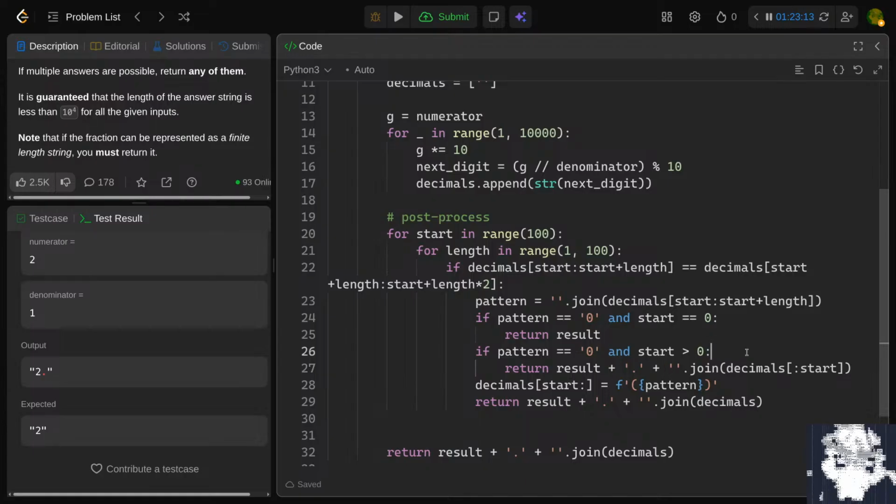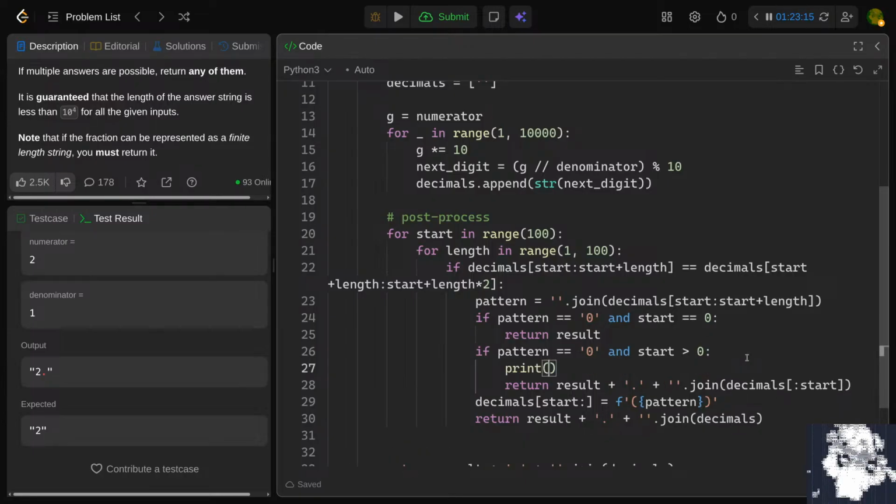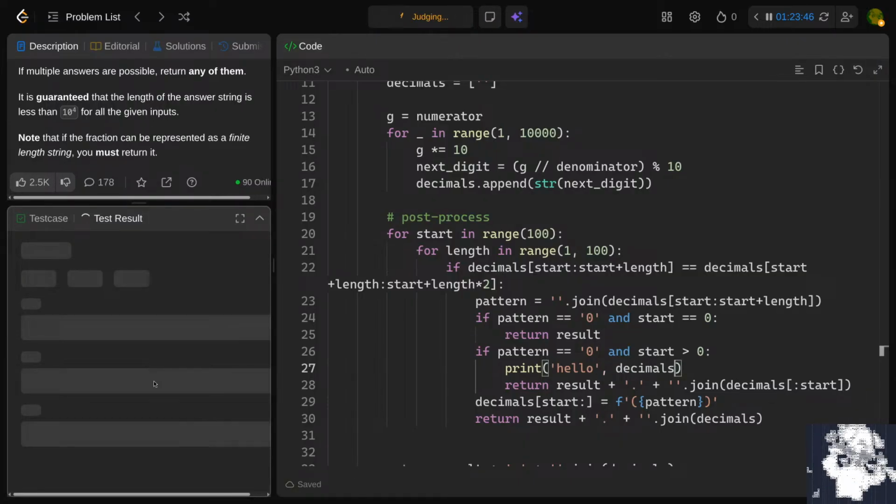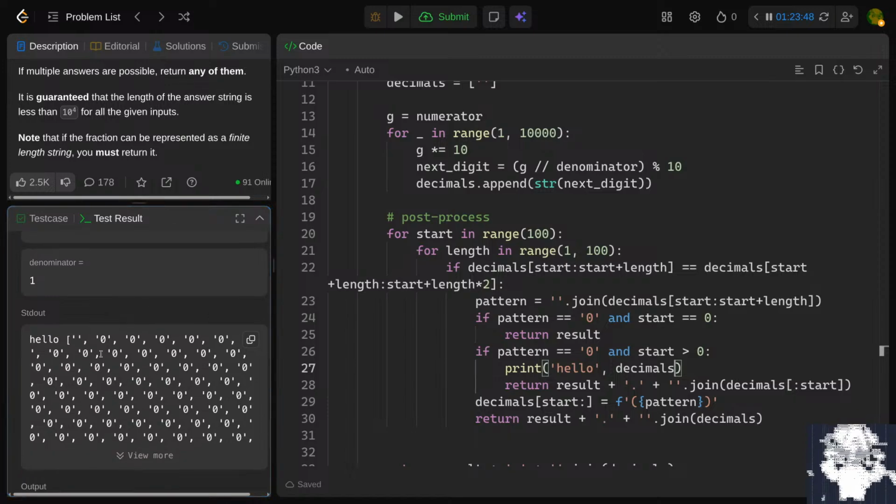I have to be in this branch, right? Print hello. I am in this branch. If I have no decimals, oh. No. What are my decimals? Print decimals. I have a list.